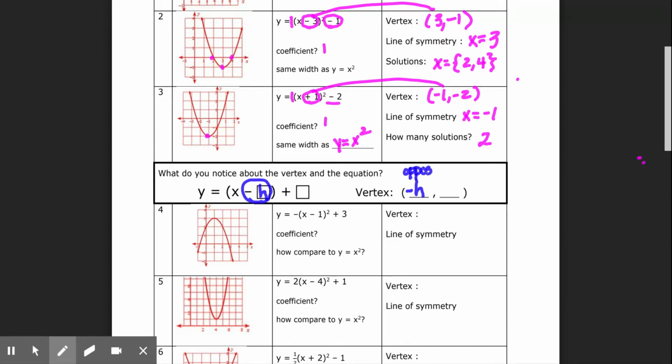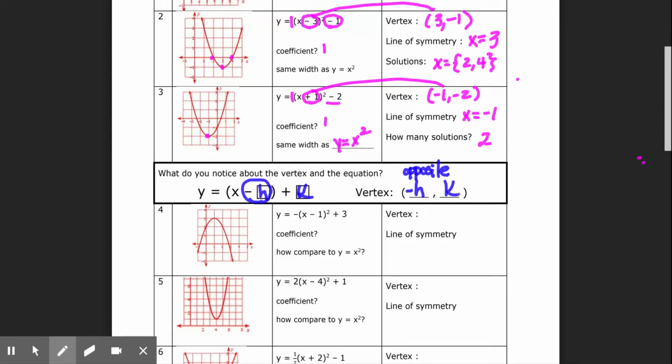So you want the opposite sign. And then your k right here, that will be your k. So you're going to do the opposite of what your h is. So if it's a negative, then it's going to be a positive. If it's a positive, then it's going to be a negative. And then your k is going to stay the same. If it's a plus 2, it's going to be plus 2. If it's a minus 5, it's going to be a minus 5.